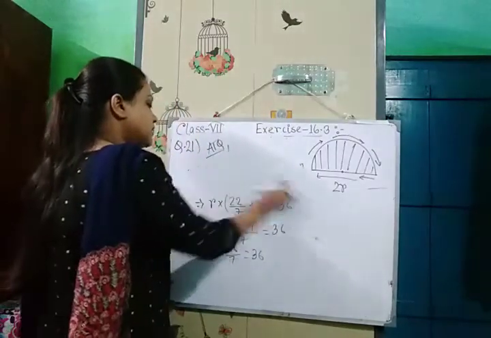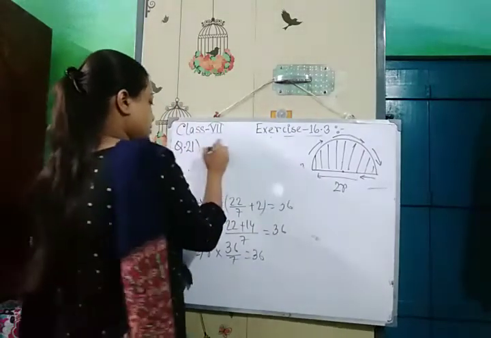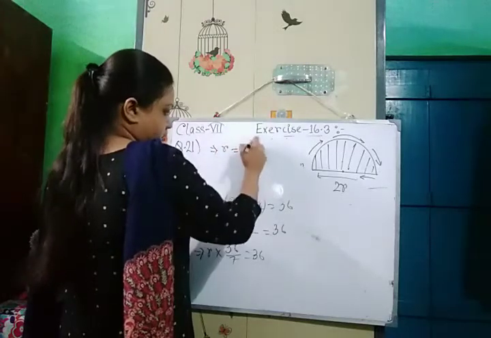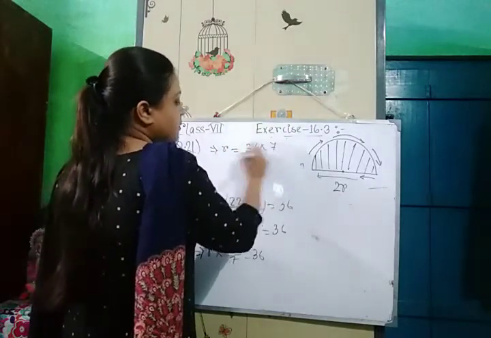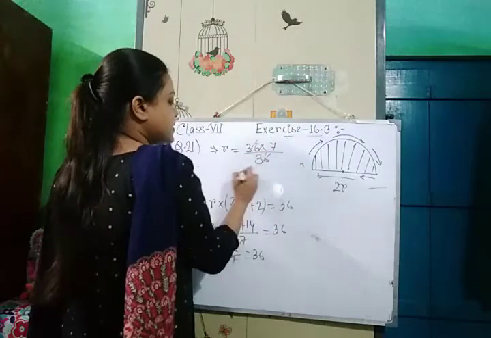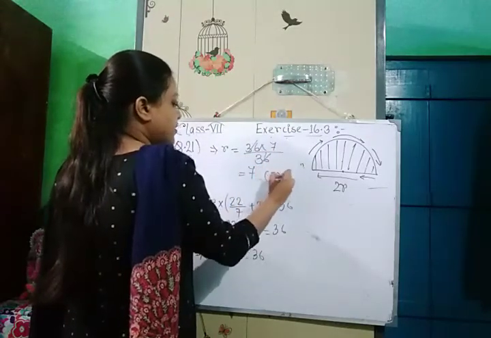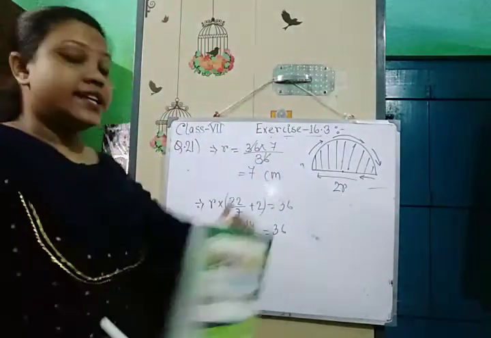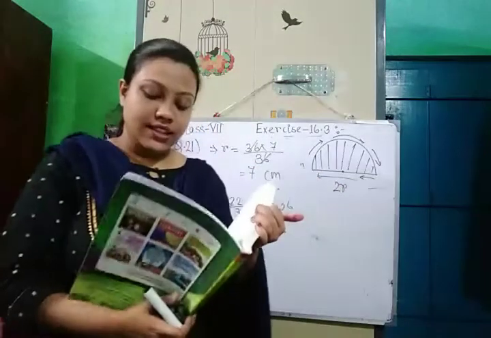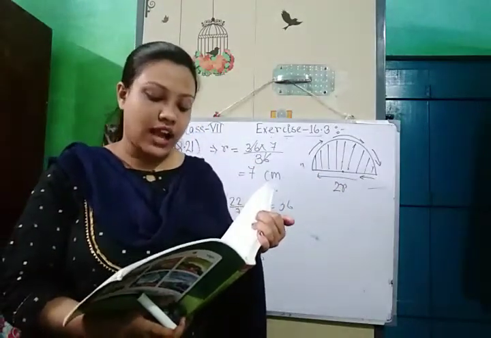Now by cross multiplication, r equals 36 into 7 by 36. 36 cancelled. So 7 centimeter is the radius of the arc. Okay, that is not asked here.